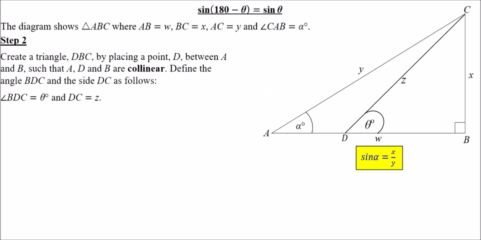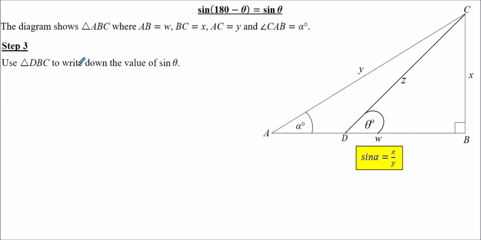And then also, like the step says, we need to label on angle BDC. We're going to call this one theta. And the line from D to C, call that z. So label it in carefully like I have done here. Your point D doesn't have to be here. It could be over here or there or anywhere really, as long as it's along the line from A to B. So once you've done that, the third step is we're going to use triangle DBC to write down the value of sine theta.